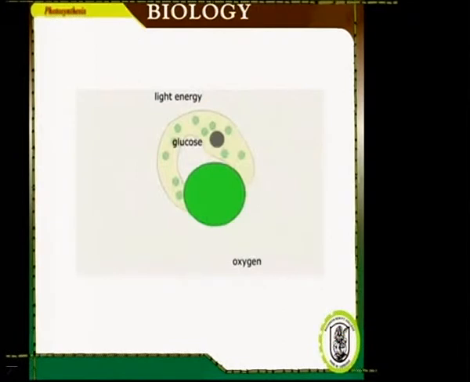Now, if you ask the chemistry of photosynthesis, you can say it is an oxidation reduction reaction where water is oxidized and the CO2 is reduced. Now look at the systematic definition of photosynthesis.